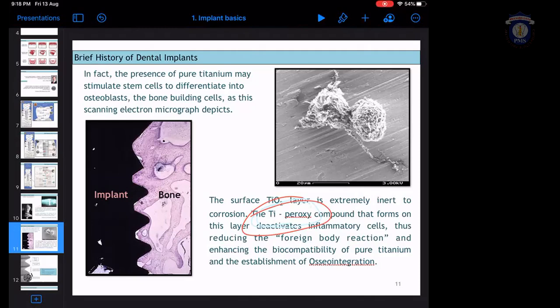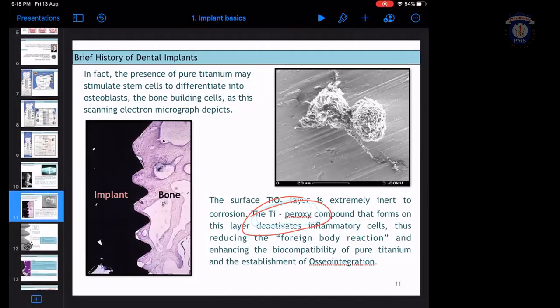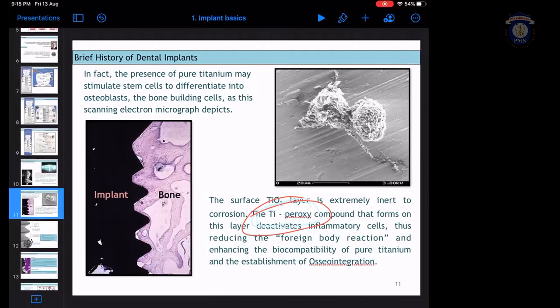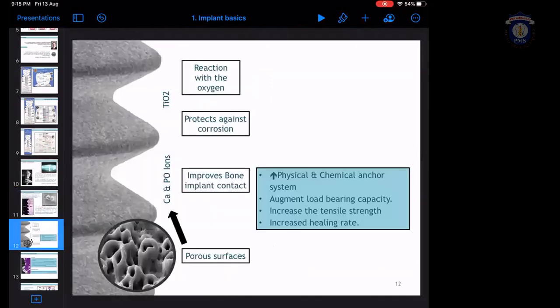Any metal which is not inert can cause a foreign body reaction in our body when it is placed into the bone. But titanium has peroxide compounds which can help to reduce the inflammatory reaction. That's why this occurs. Again, the titanium dioxide also protects against corrosion. Okay, and the calcium and peroxide ions can improve the bone to implant contact.